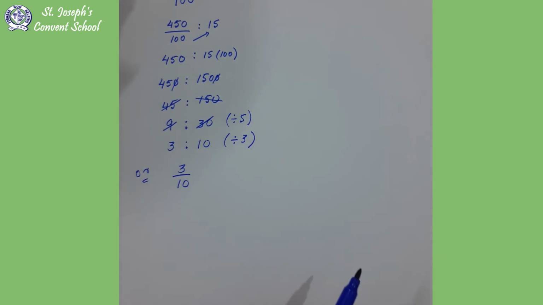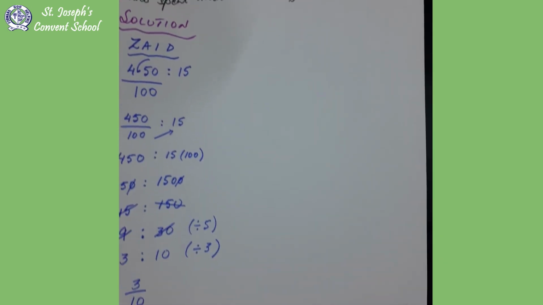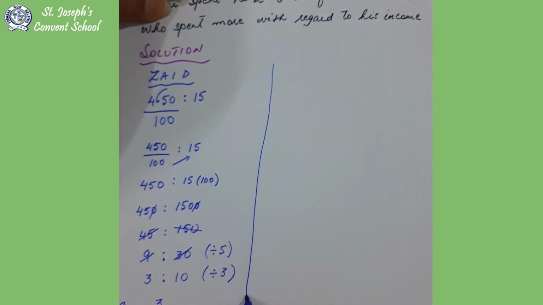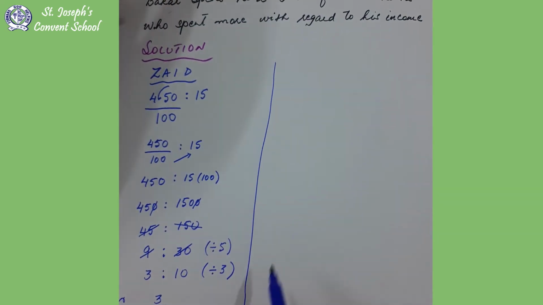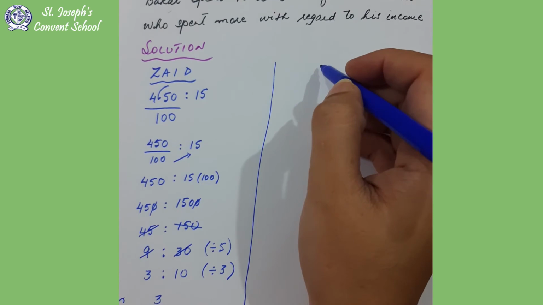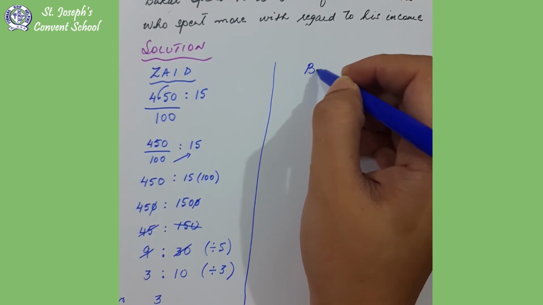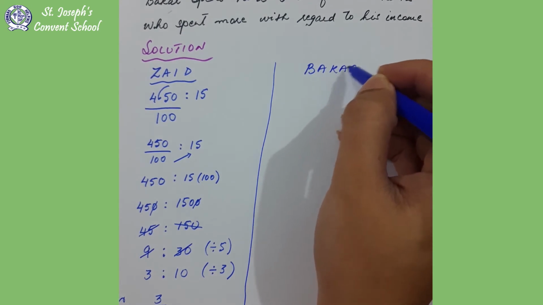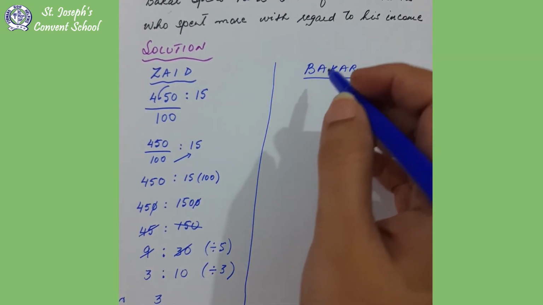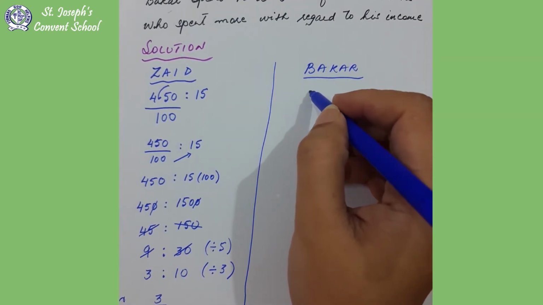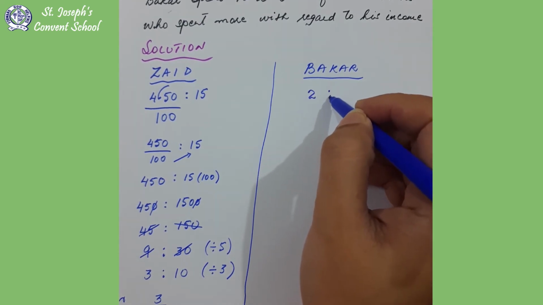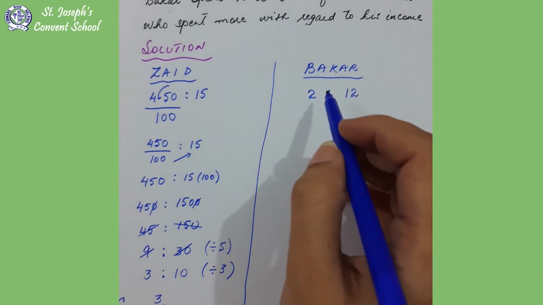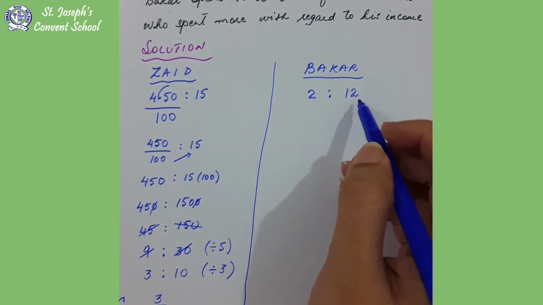Now let's find Bakar. Okay, here only we will solve it. Let's solve Bakar now. Okay, let me write Bakar. Now Bakar spent 2 rupees out of 12. So 2 is to 12. Comparison of the amount, 2 rupees is spent out of 12.